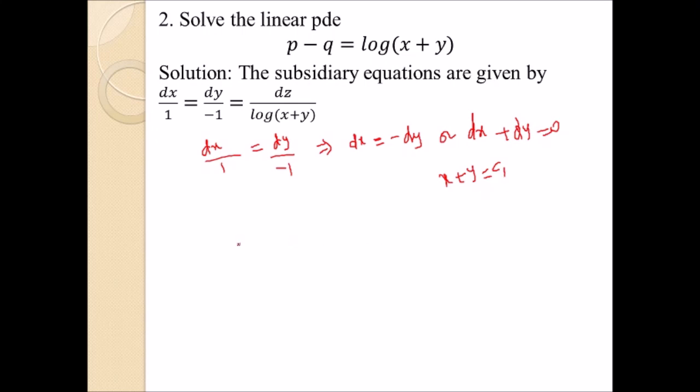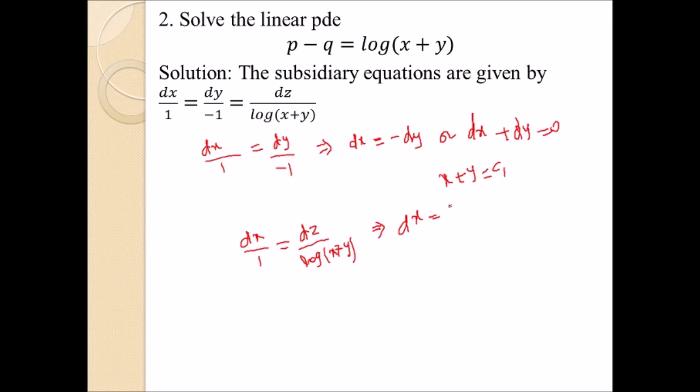Now I can consider the first and third ratios or the second and third ratios. So I'll go for first and third. dx by 1 is equal to dz by log of x plus y. Now we cannot separate the y from here, so we use the first solution to get the second solution.